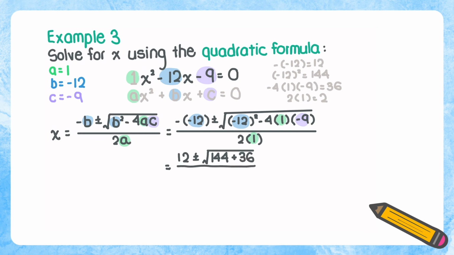And then in the denominator, we just have 2. So looking inside the square root, what's 144 plus 36? That's 180. So I have 12 plus or minus the square root of 180 all over 2. And since it's a plus or minus, again, there are two potential solutions for x.